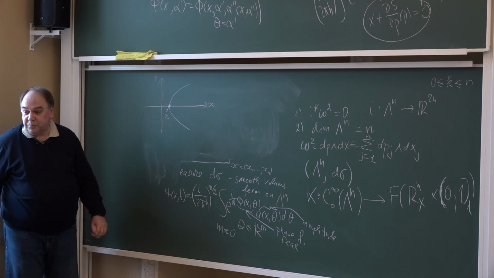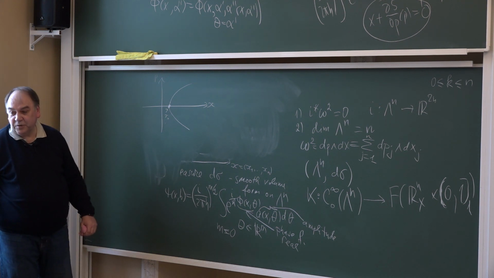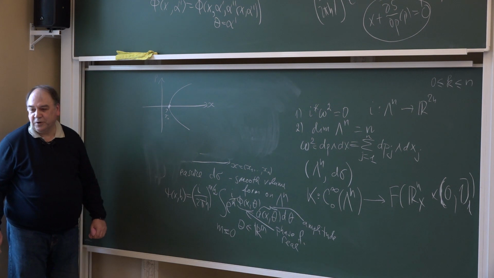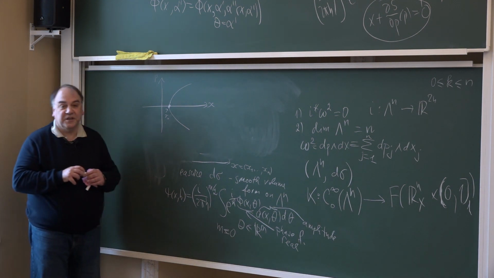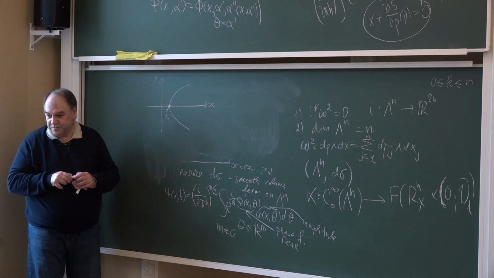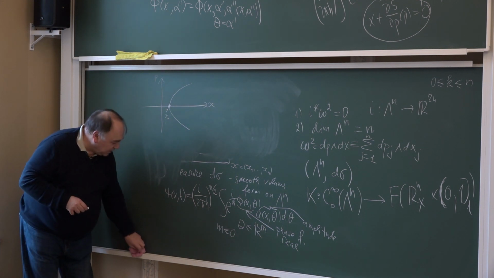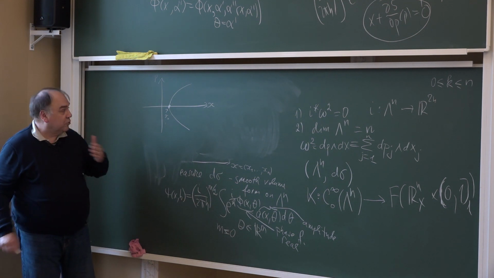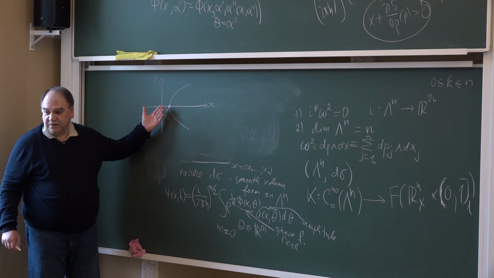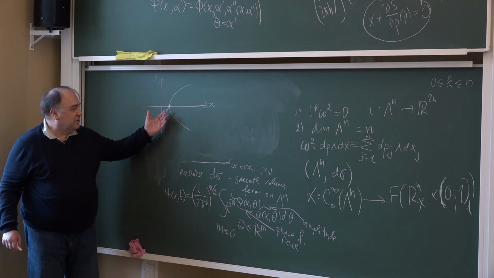And if it is the parabola, in fact, then we obtain the Airy equation. And the solution is expressed via the Airy function. So the original idea was as follows. Let's assume that we are close enough to this point.